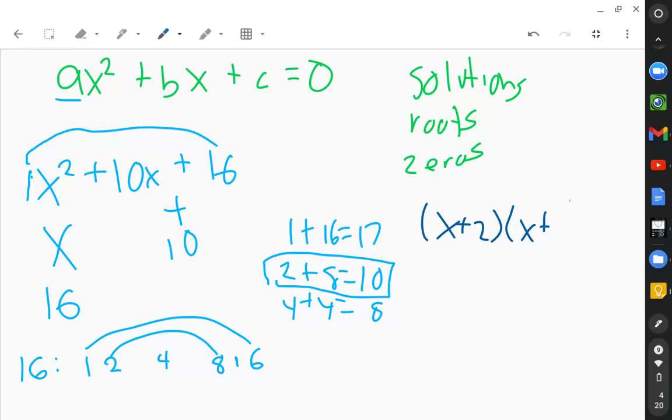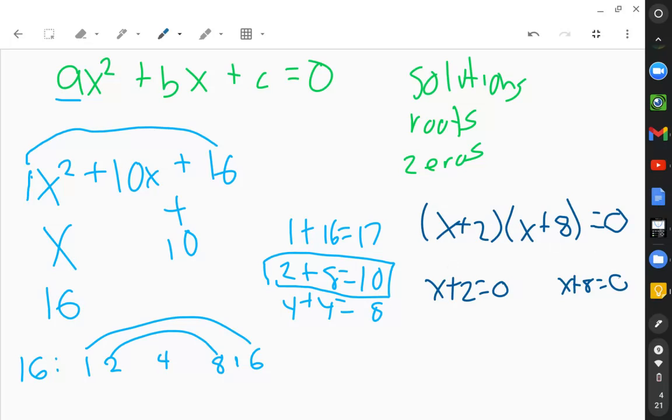And let's say we want to find these solutions, these zeros, these roots. So this should be x plus 8. That means x plus 2 is going to equal 0, as well as x plus 8 is equal to 0. Remember, any number times 0 is going to give us 0.